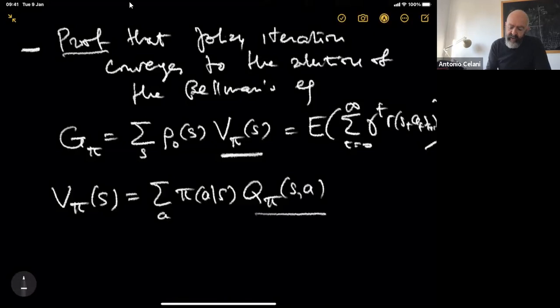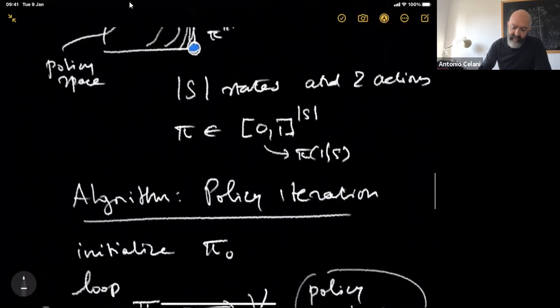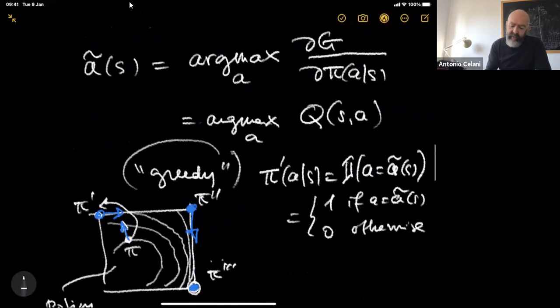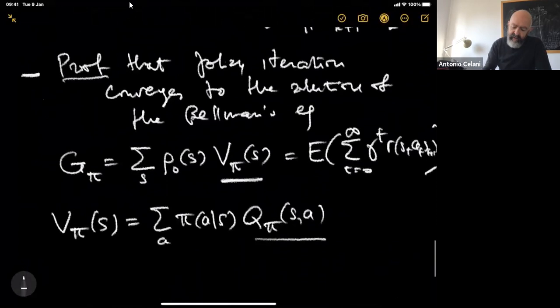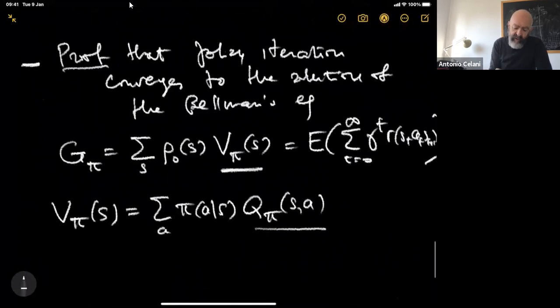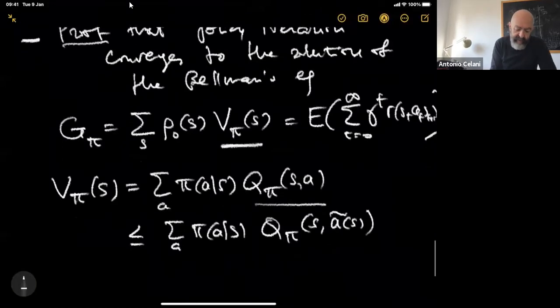Now we're going to use the definition of my A tilde here. So what is A tilde? It is the maximum over all possible actions for my Q. So by definition, each of those is smaller or equal than Q pi of S, A tilde of S. This is by definition of A tilde.